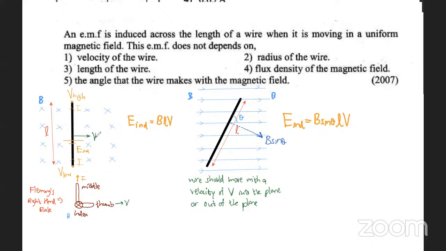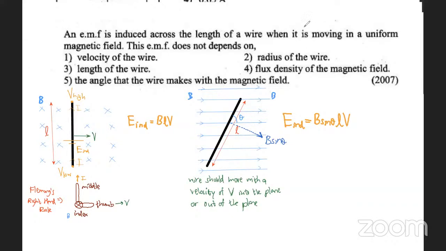So in the first example I gave, the magnetic field was into the plane. Here none of them is into the plane. Now the current is going to be like this, magnetic field is like this, so velocity this time should be into the plane.